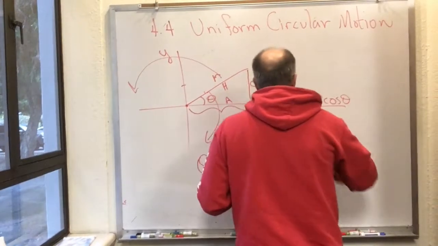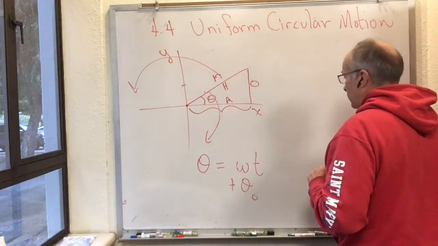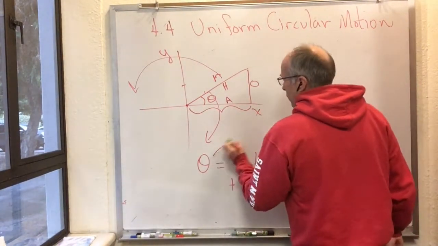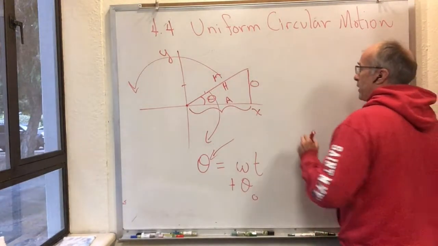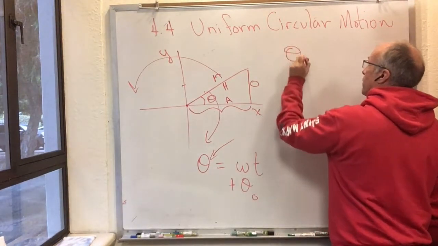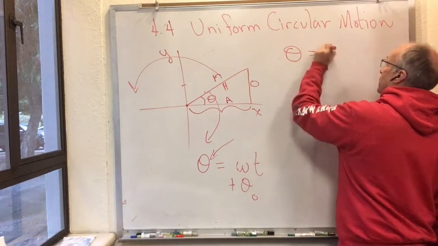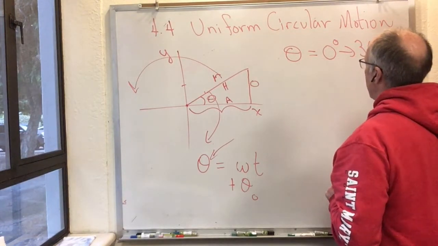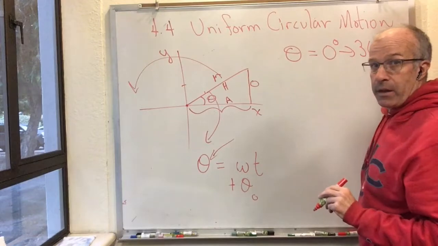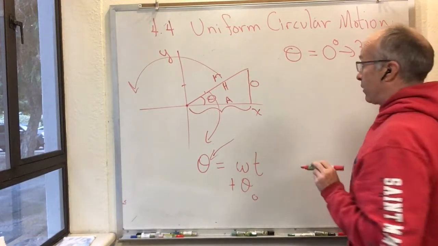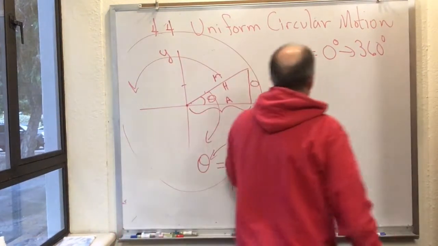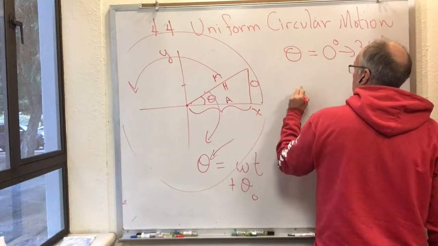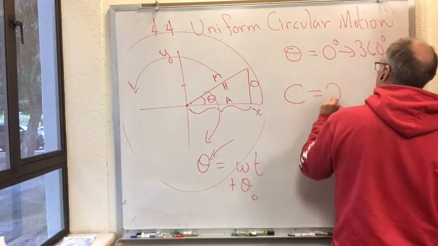Now the next thing we have to deal with is what units we are going to measure theta in. The normal thing to do is to measure theta from 0 to 360 degrees. In physics, we often do something else, and I'm going to explain why. The circumference of a circle of radius r, capital C, is 2 pi r.